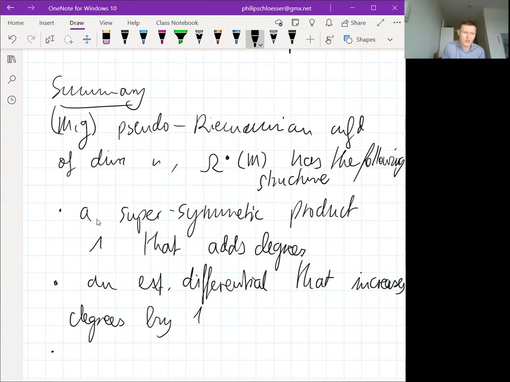And we have a Hodge star that sort of inverts degrees.